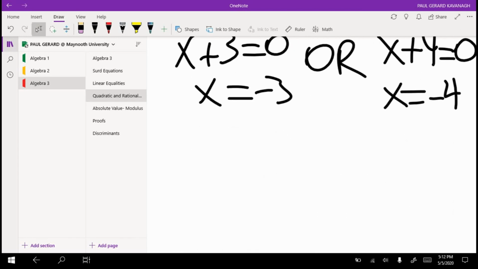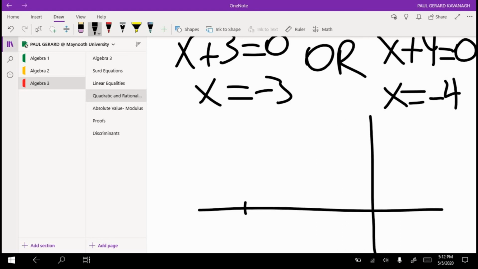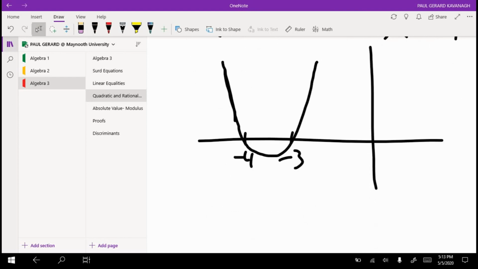And how you would actually draw this is that you now know the equation is going to be above the x-axis. So we're just going to draw a small axis here. So you have minus 4, minus 3. Now we draw a curve, and you can see the shape here, it's sort of a U shape. So what this means is that the graph is positive.